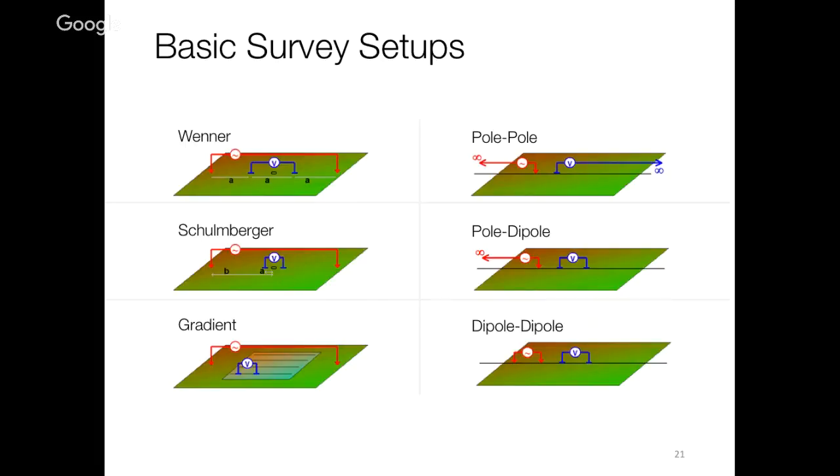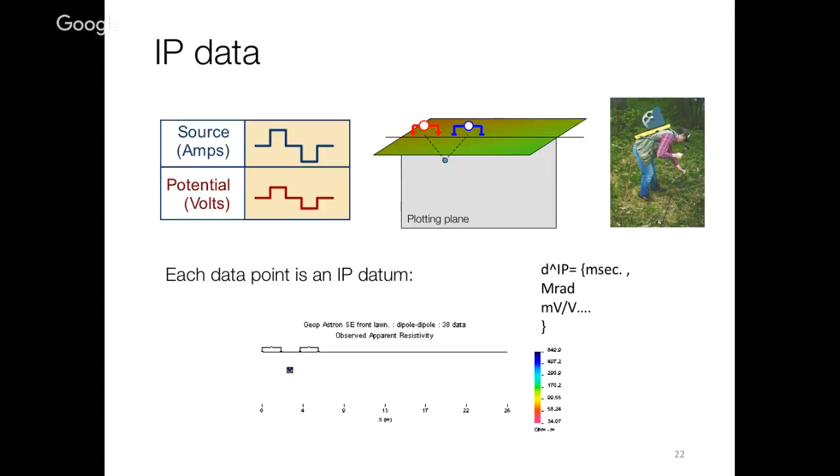So then as far as surveys, we can have all the things that we had before. We have a Wenner, Schlumberger, some kind of gradient, all these guys. And the data are going to be plotted in exactly the same way as we had done before. So we can plot it in a pseudo section. So each datum that we have, and it could be one that's milliseconds, milliradians, millivolts per volt, whatever.